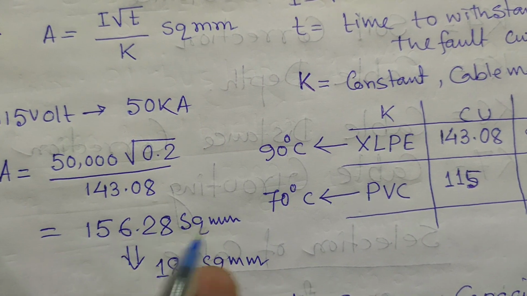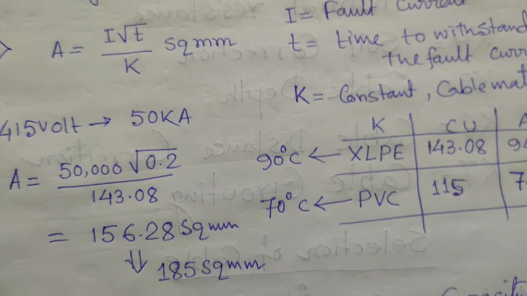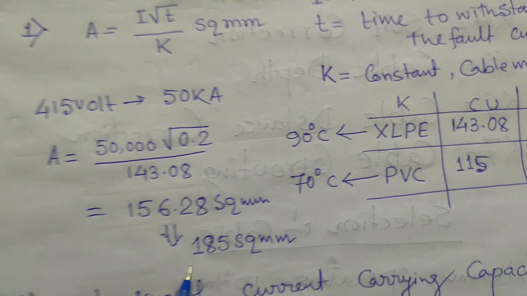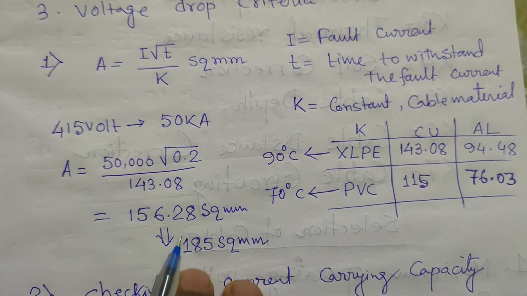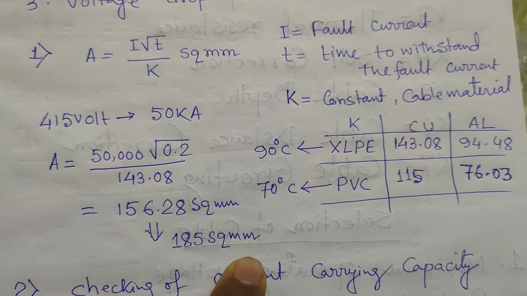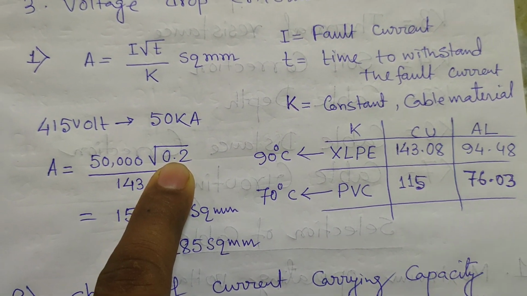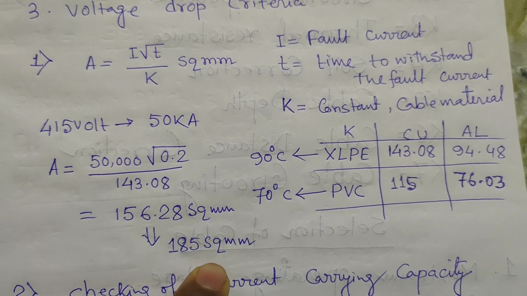Because this is not a standard size, you have to select the nearest standard size, so 185 square mm. This is the first step to identify the cable size depending on the fault current, the withstand time and the K factor.